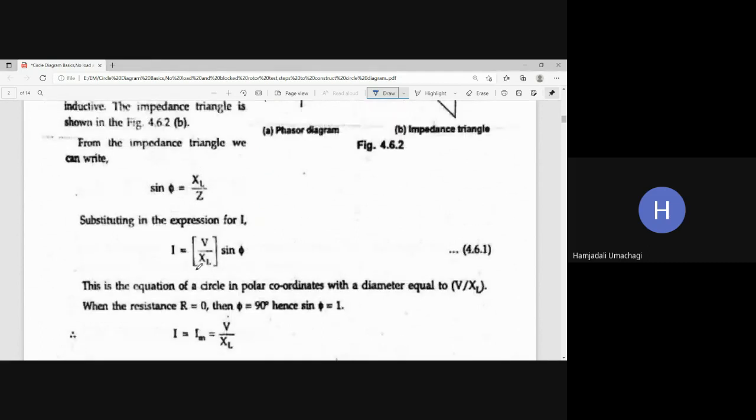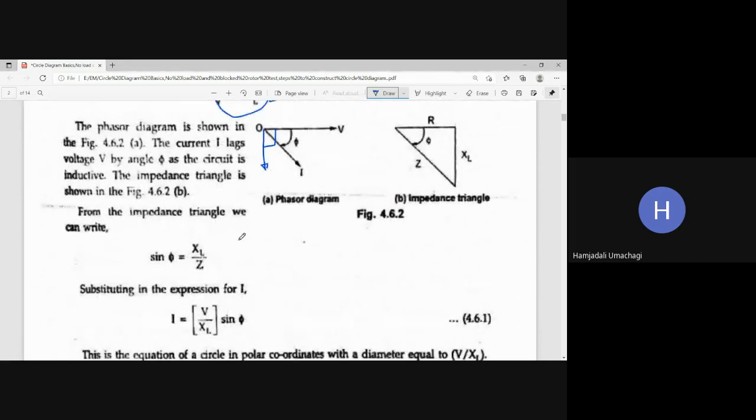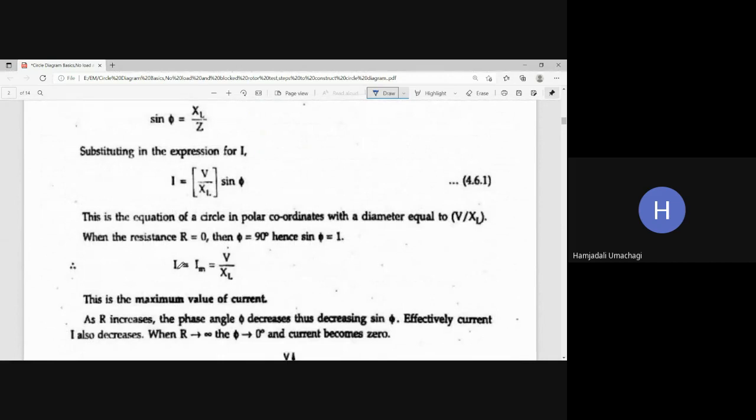We know that whenever resistance is 0, current will be maximum, and the corresponding power factor angle will be, sine phi means sine 90, which is 1. So if the power factor angle phi is 90 degrees, then sine 90 is 1, and we get I equal to Imax.